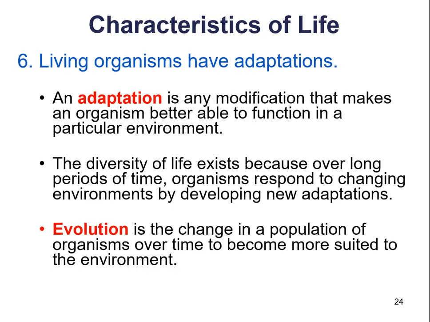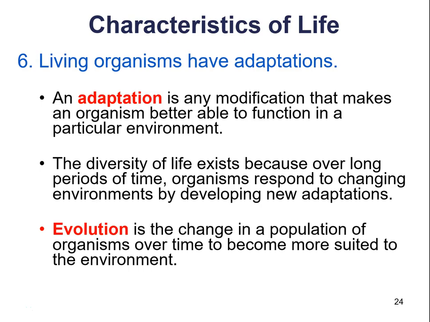Again, I'm sure you can think about a whole bunch of other adaptations. It says the diversity of life exists because over long periods of time, organisms respond to changing environments by developing new adaptations. Again, this is natural selection, this is evolution. If you want to define evolution, it is a change in a population of organisms over time. And over time, those organisms become more suited for that environment.